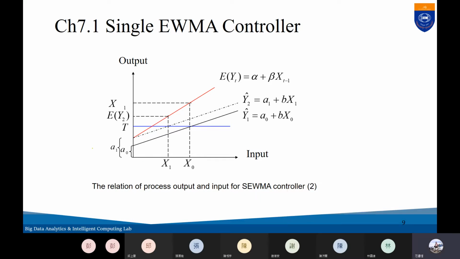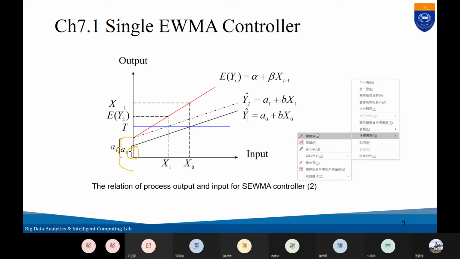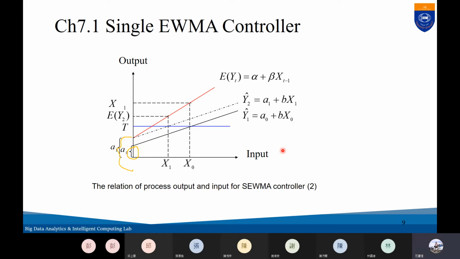Originally we have the initial estimate of this one. Then how can we adjust the intercept from A0 to A1? So it is horizontally moved to here. Look at that.